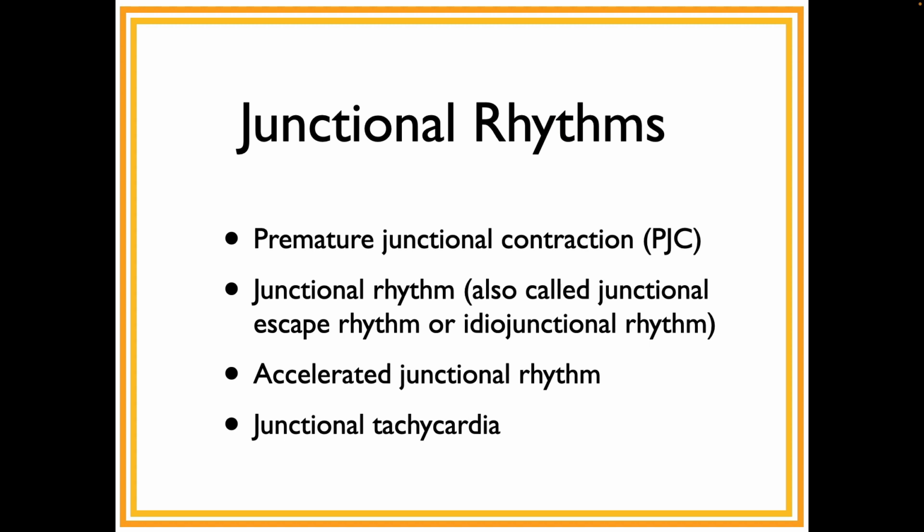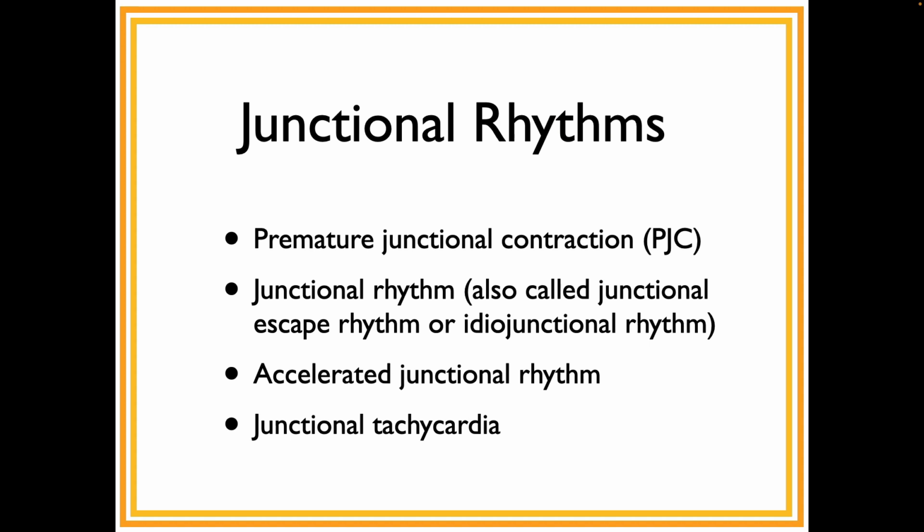And then the main junctional rhythm we're going to talk about has the name of junctional rhythm. The other names for it are junctional escape rhythm. Sometimes you'll see an ectopic junctional rhythm. Old school is idiojunctional rhythm. And then we're also going to talk about accelerated junctional and junctional tach.